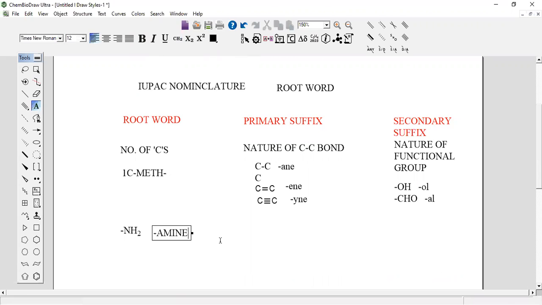Generally for amines, a prefix is used. Prefix means the term which comes before the word. Therefore, for amines, generally we use the prefix amino.